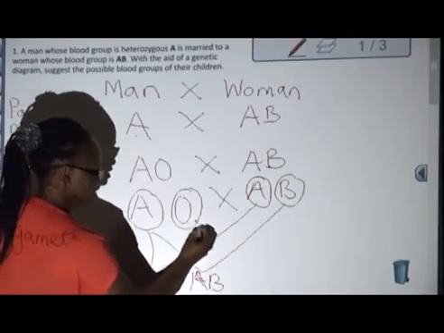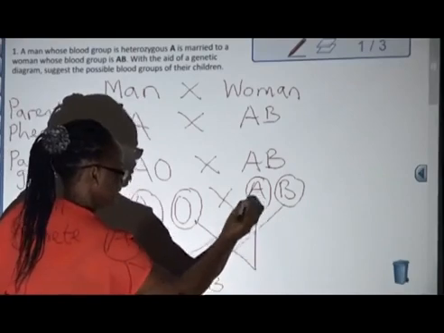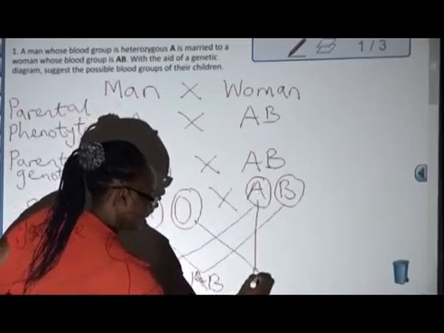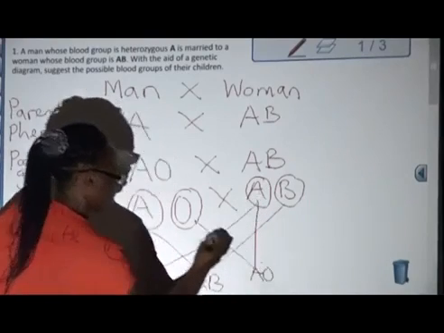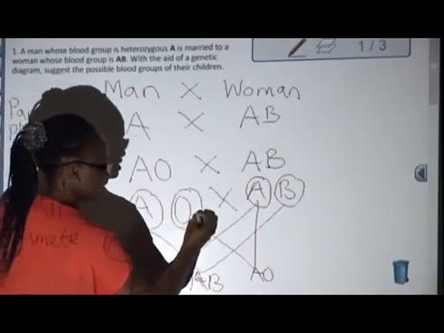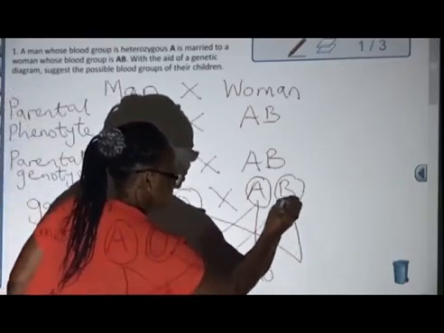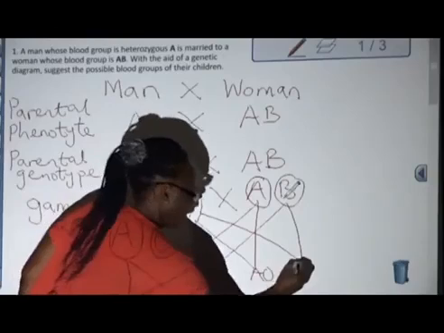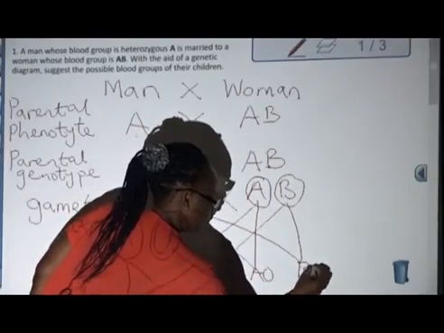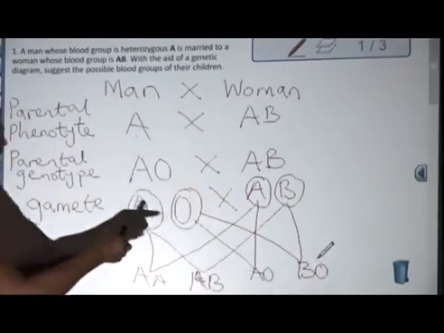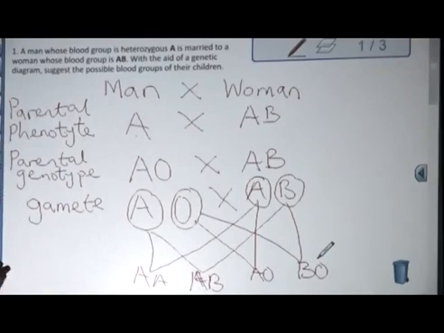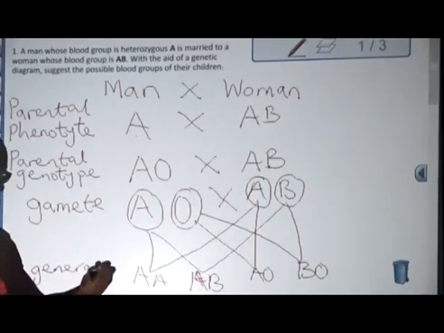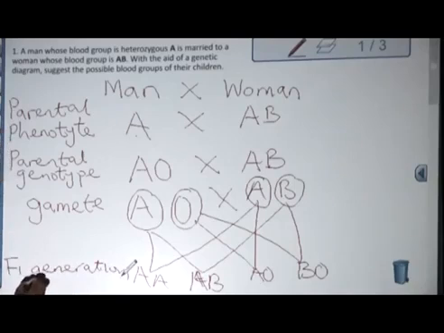O can unite with A to give us AO. It can also unite with B to give us BO. You will write the dominant gene before you write the recessive gene. This one is the F1 generation genotype.